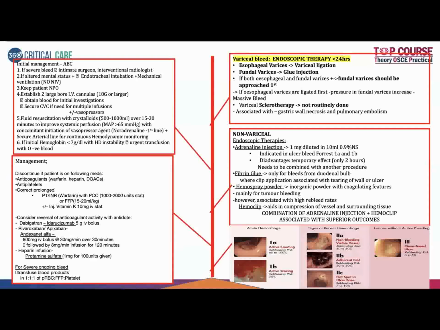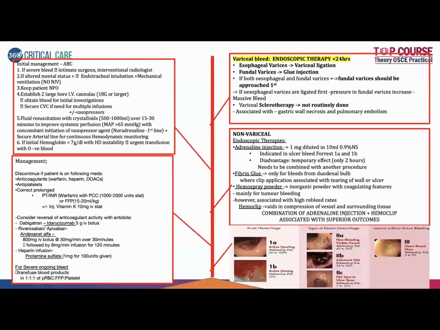And this should be followed by an infusion, 8 milligram per minute for 120 minutes. And if the APTT is prolonged or if there has been a heparin infusion which was ongoing, consider protamine sulfate to neutralize 1 milligram for 100 units of heparin that has been given.